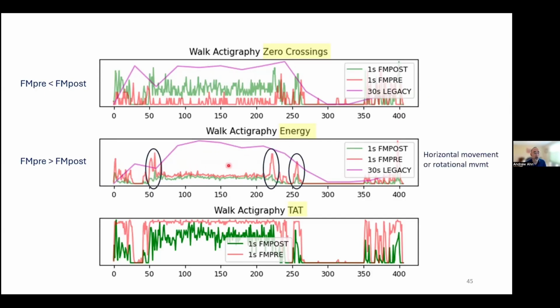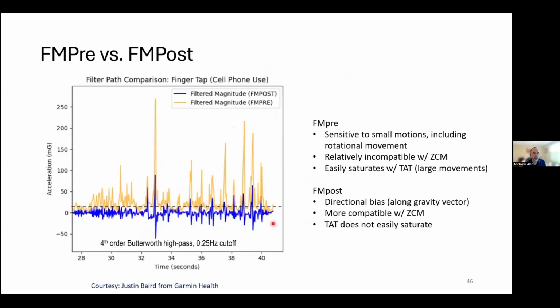And the reason it's larger is probably because you have more horizontal movement. Now, remember, FMpost is more biased towards movements that are vertical or aligned with the gravity vector, or there may be a rotational movement. So you could sometimes see this difference and then differentiate the type of movement that you're dealing with here. And then you can see that FMpre saturates pretty much here.